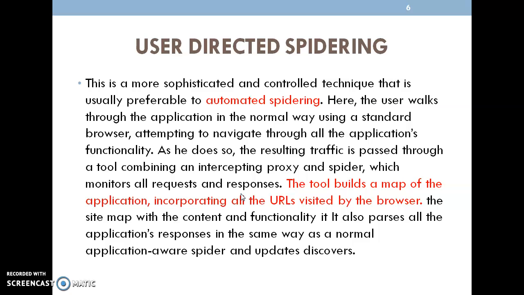It will parse what information is stored in each URL, and whenever new data appears, it updates its sitemap, so that by using proxy and responses, it keeps track of all the data visited by the user.